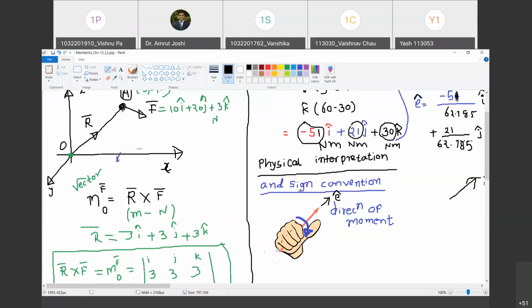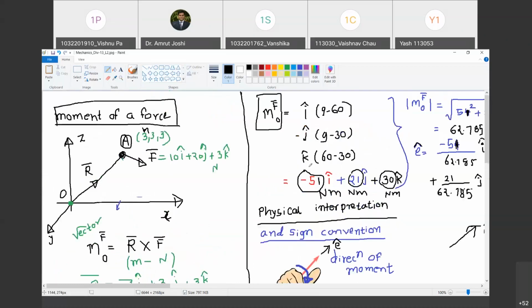Happy? So when I say minus 51 I cap, what does it mean? It means that this force F bar produces a moment about X axis passing through O in such a way that its direction is along negative X direction. Are you with me? Yes, sir.